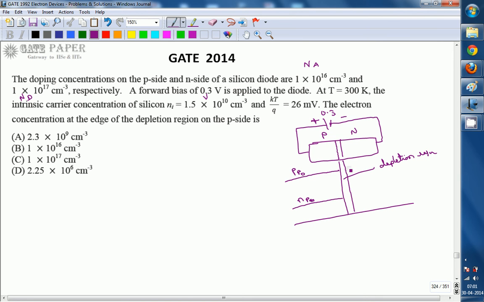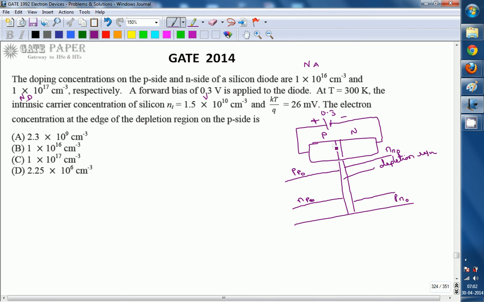The N side is heavily doped compared to the P side, 10 times more. The P side is 1 into 10 power 16, the N side is 1 into 10 power 17. So the N side has more carriers, NN naught, the majority charge carriers. Since majority carriers are more, minority carriers will be fewer because of the mass action law. This is written as Pn naught, where naught implies thermal equilibrium.